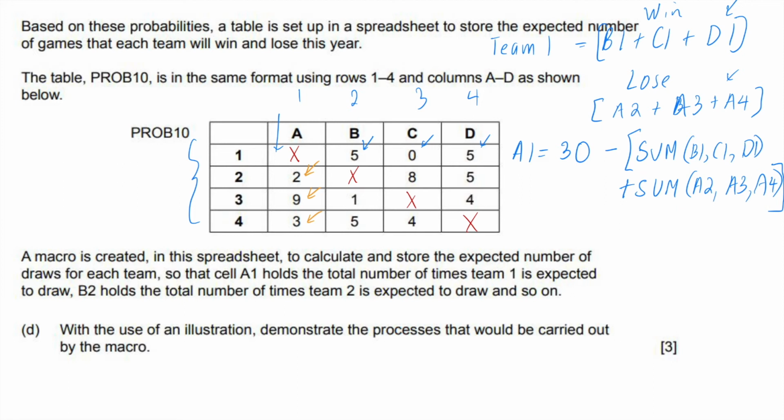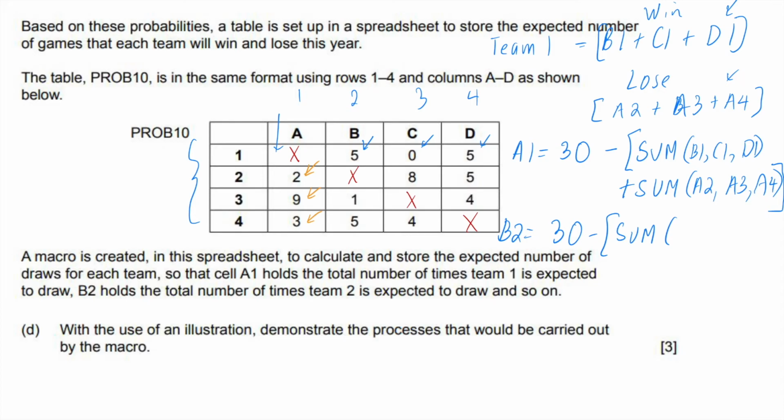And basically we would do this for every single different spot or cell. So for B2, we would simply have 30 minus sum of, what's that going to be?